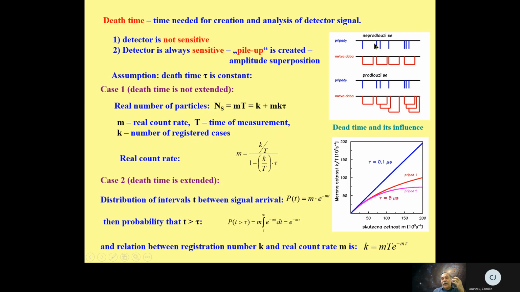That means it will be only the same number of events as is possible to give by this dead time. For dead time extension, that means that if there is a very high count rate, it will be only 1 dead time and only 1 gamma will be detected. That means in this case you have some saturation.